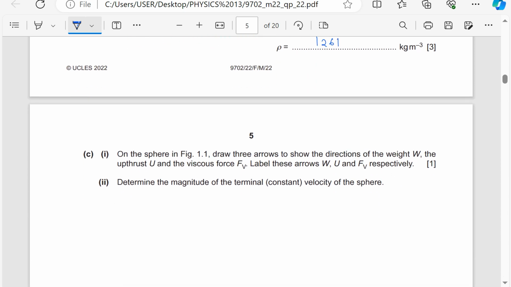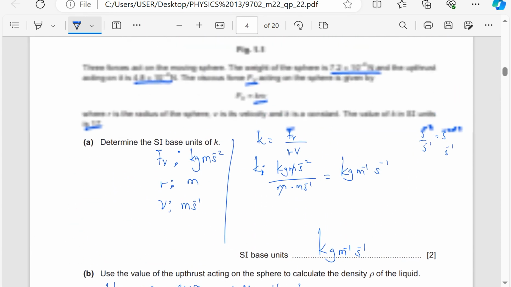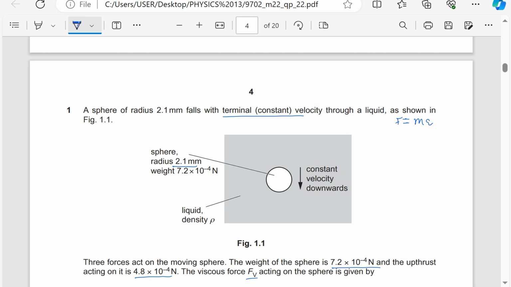On the sphere in the figure, draw 3 arrows to show the direction of the weight, the upthrust, and the viscous force. So since it is moving, of course, the weight acts always downwards. So I'll draw a line from the center going downwards. So this is the weight. Then the upthrust is always upwards.